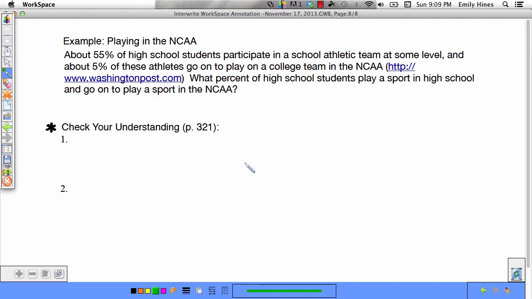So again, I can make a tree diagram because this is a sequential kind of event. In high school, they either play or they don't play. I'm going to let P represent play in high school, and N represent did not play.